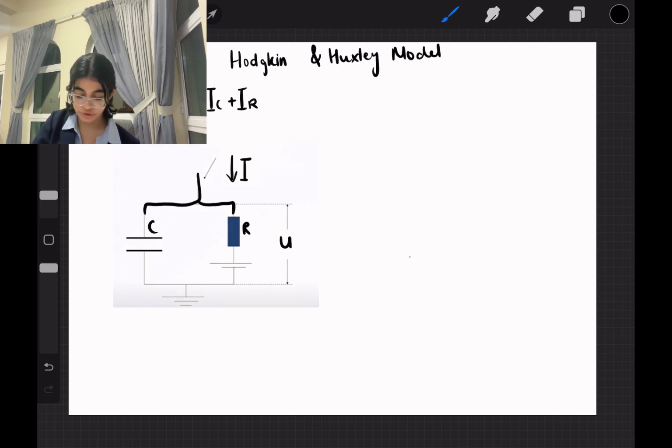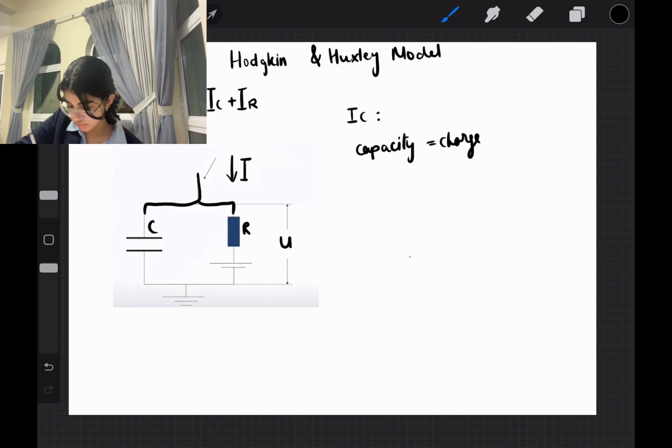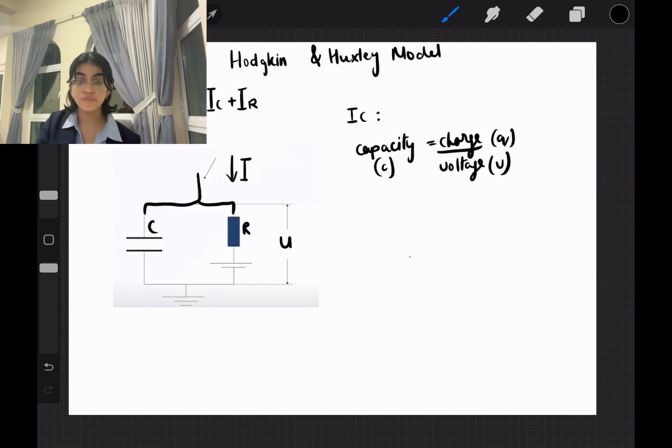First, let's find the current of the capacitor, which can be found using the equation capacitance equals charge divided by voltage, which is C equals Q by U. Now let's multiply C with U to get charge on its own.